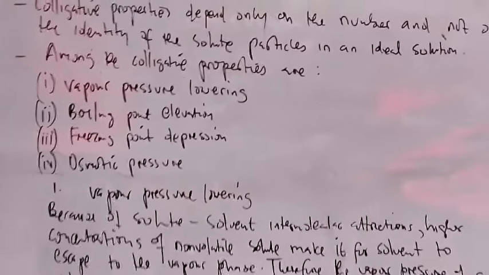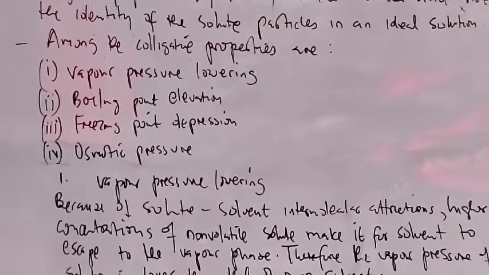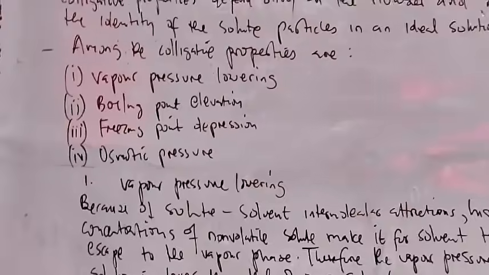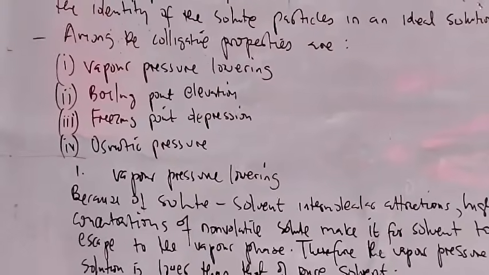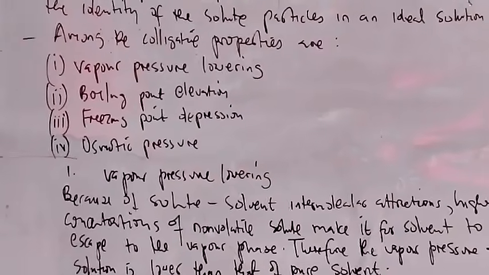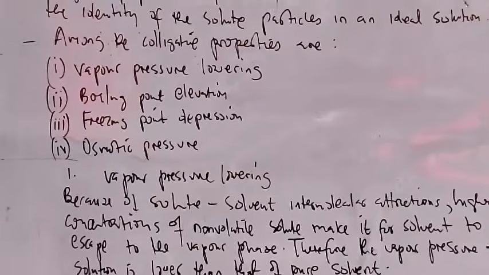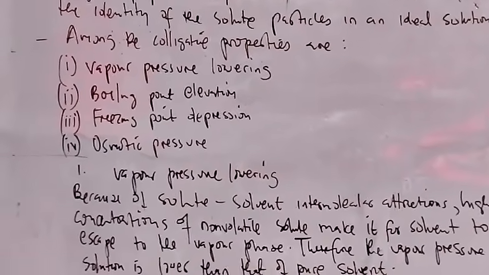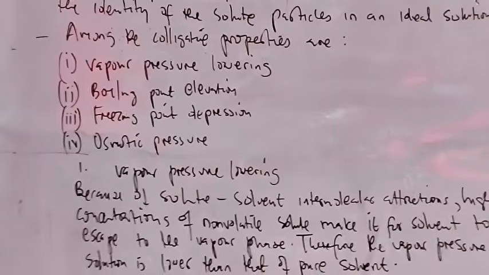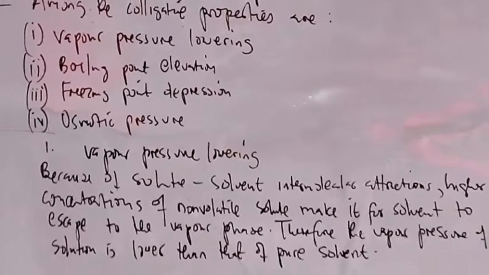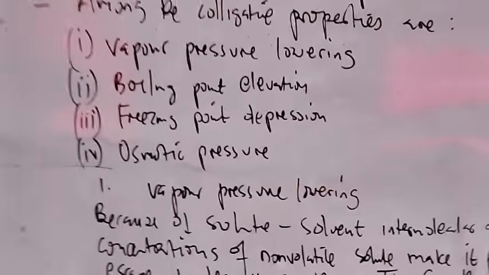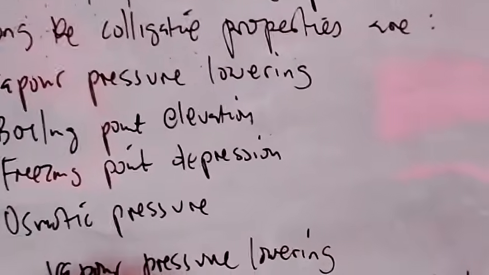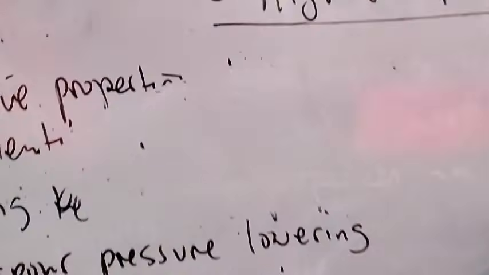Because of the solute-solvent intermolecular attractions, higher concentrations of non-volatile solute make it hard for a solvent to escape to the vapor phase. Therefore, the vapor pressure of a solution is lower than that of a pure solvent.